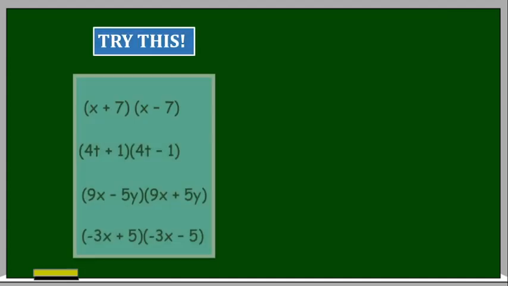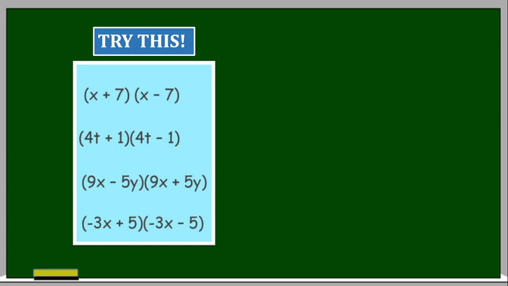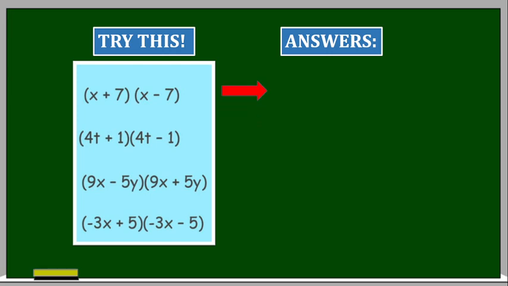Okay, let us try this example. In number 1, we have quantity x plus 7 multiplied by quantity x minus 7. The first term is x, therefore we have x squared, minus the square of the second. 7 is the second term, you square 7. 7 times 7 gives 49.